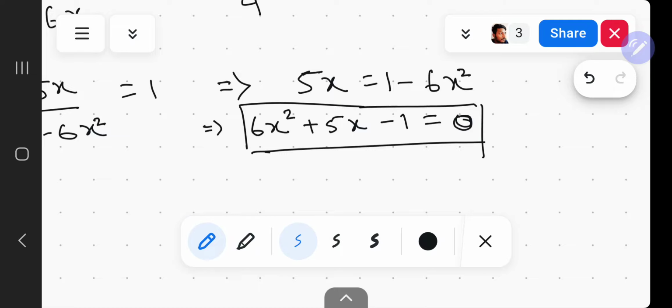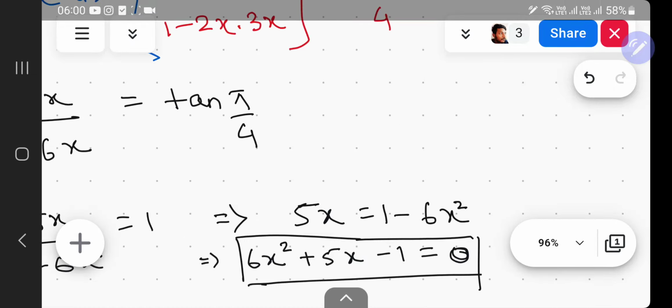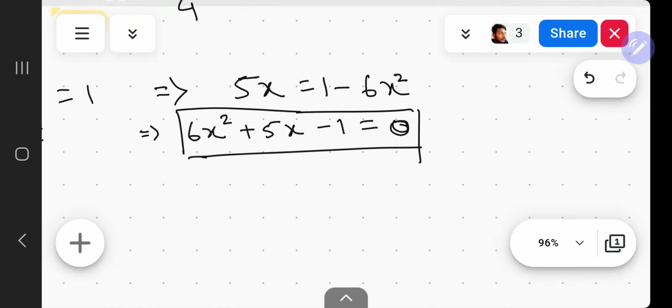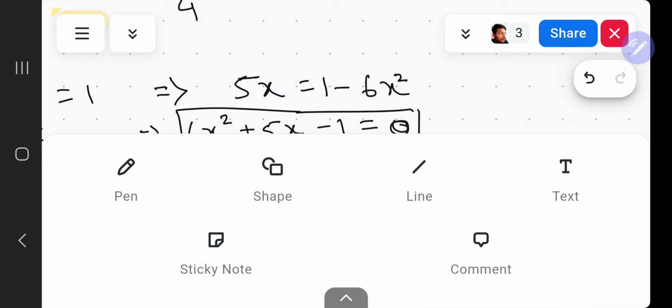Shruti, can you solve this quadratic equation? Yes. Okay, try to solve it.